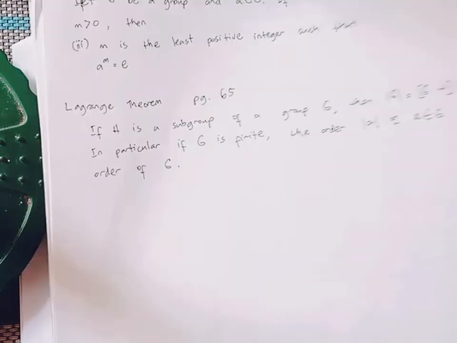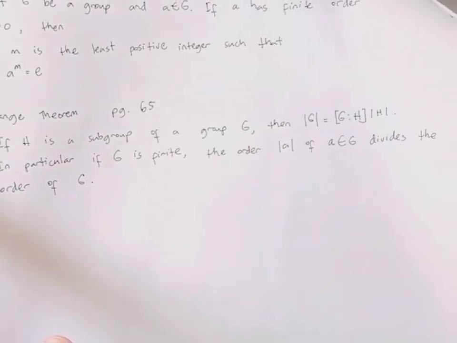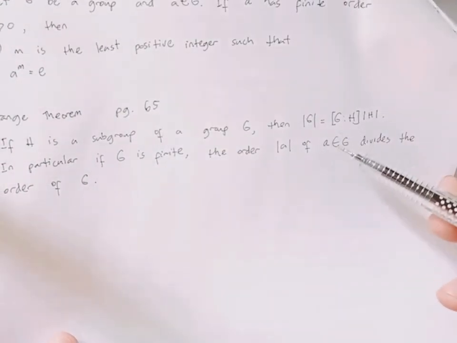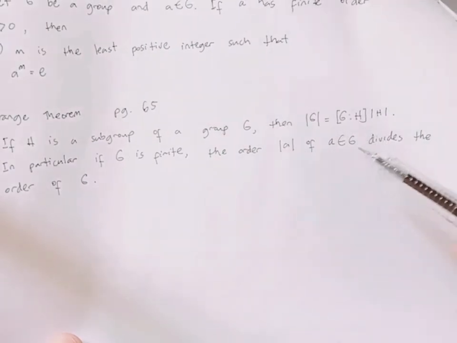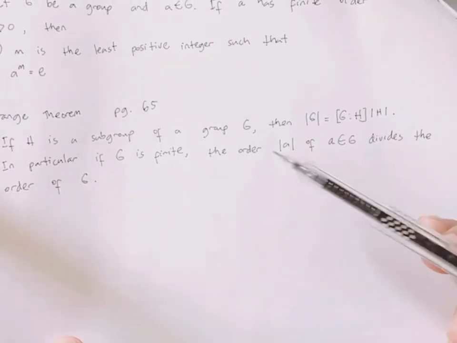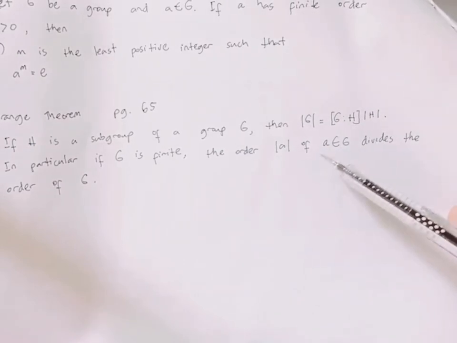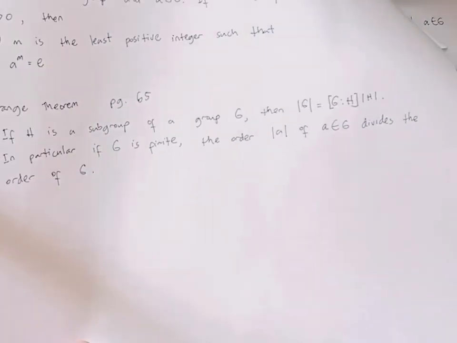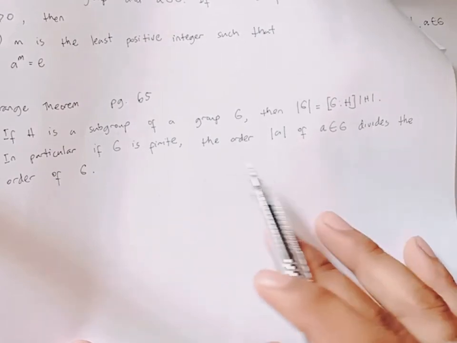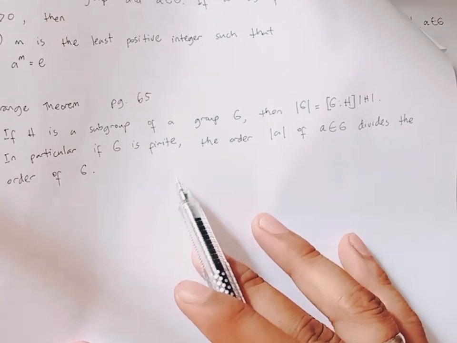So the Lagrange theorem states that if H is a subgroup of a group G, then the order of G is equal to the product of the order of H and the relative index of H in G. In particular, if G is finite, the order of an element of G divides the order of G. So what I will be using here is this one: every subgroup of G must divide the order of G.